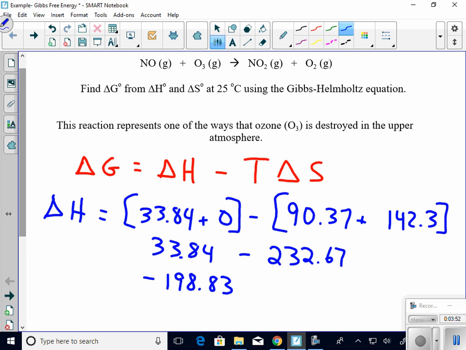My label, I need to look at kilojoules per mole, because if you remember from the video, our entropy has different labels than our enthalpy, so we're going to have to change that once we do that. So 198.83 is my delta H.